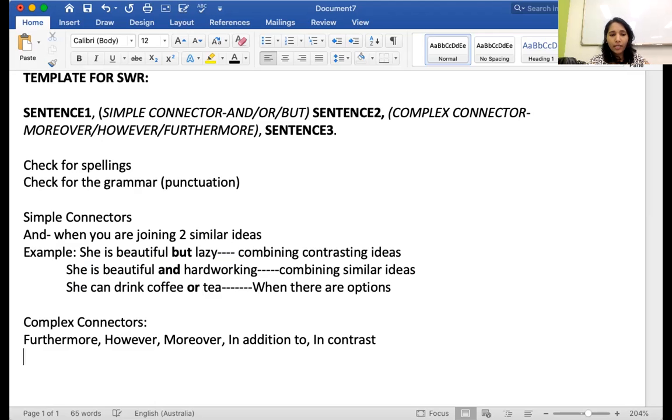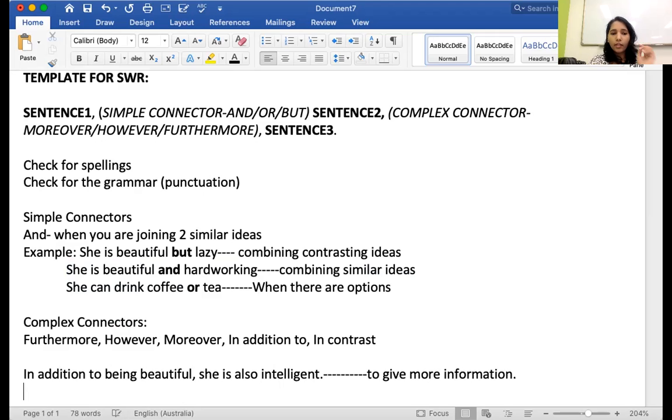So you would say words like this: in addition to being beautiful, she is also clever or intelligent. Okay, so you would use this linker to give more information.